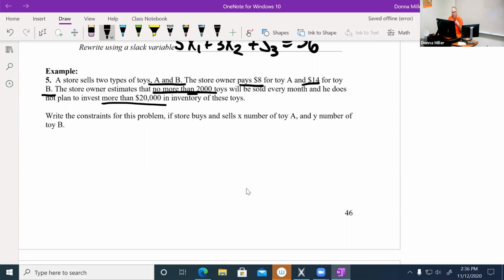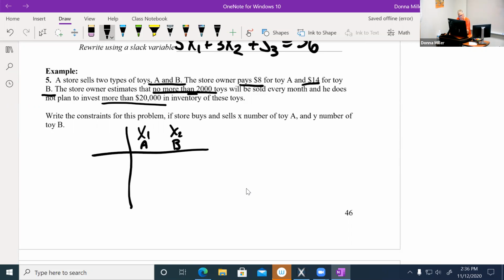Now what I like to do is make a table. I'm making 2 toys. X1 is toy A and X2 is toy B. What I'm making goes on the top, and what I'm using to make them goes on the bottom. So what am I using to make them? One is money, and there's also a limitation on the number of toys.